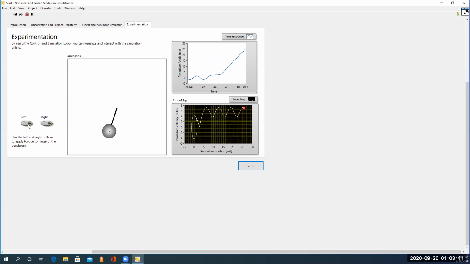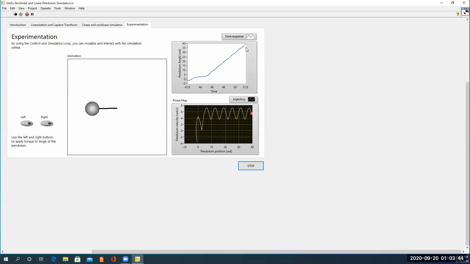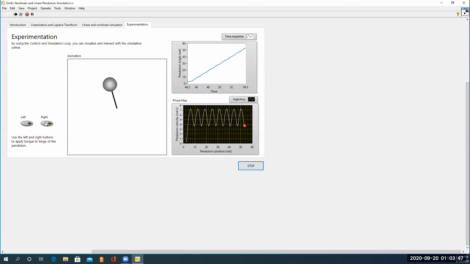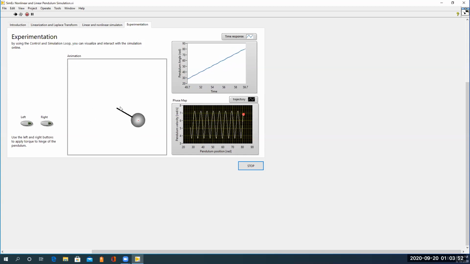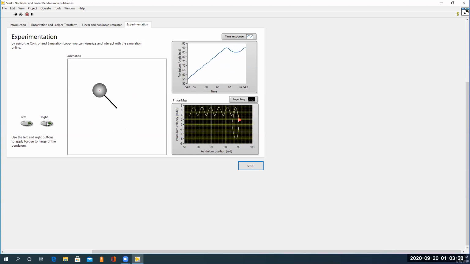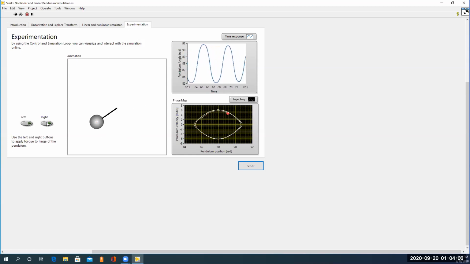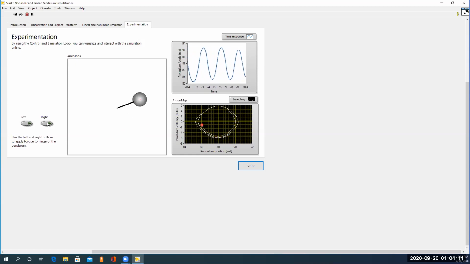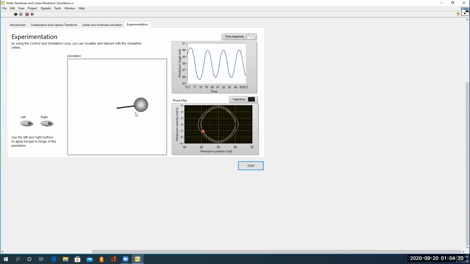See the motion of the ball. Similarly, we can apply the right torque to the hinge. See the change of the angle.